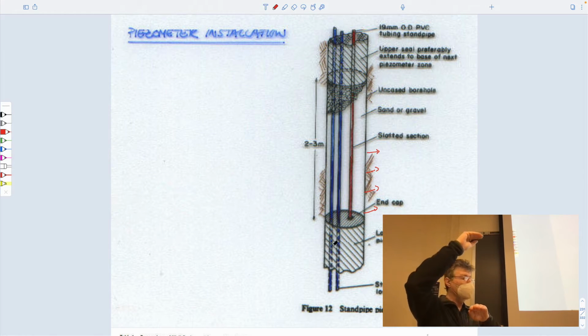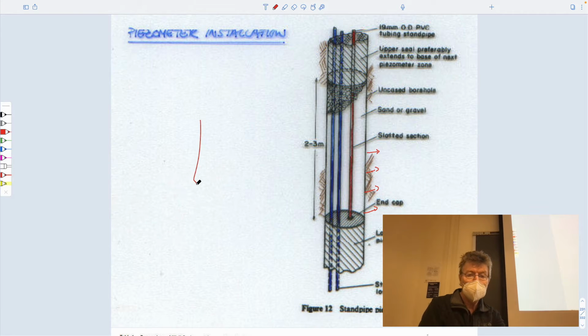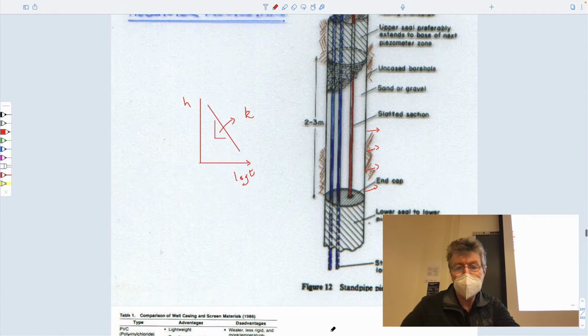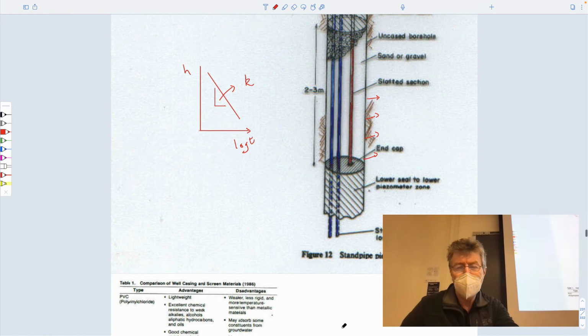That slug of water bleeds off into formation over time, and merely if you monitor the height of the water with log time, it gives you a straight line relationship often, and the slope of that straight line allows you to get permeability. Very simple. I don't know if you talked about pumping tests or slug tests in 452, but you can get permeability from them.